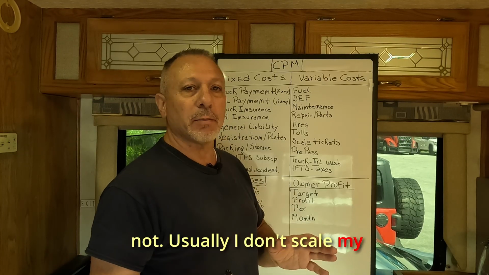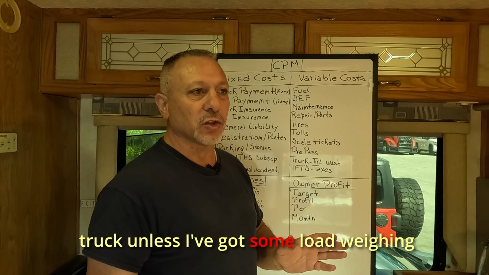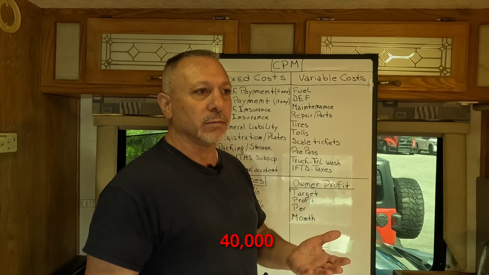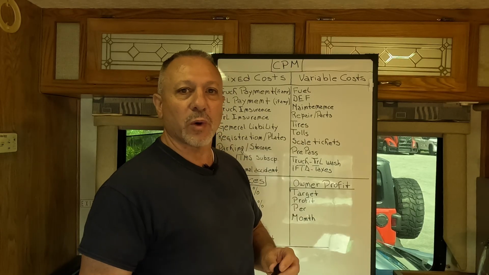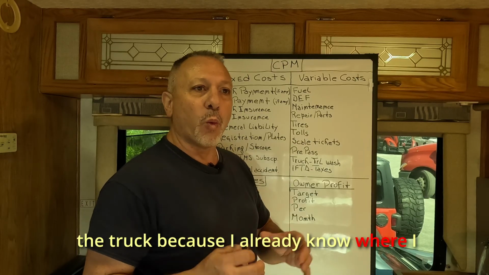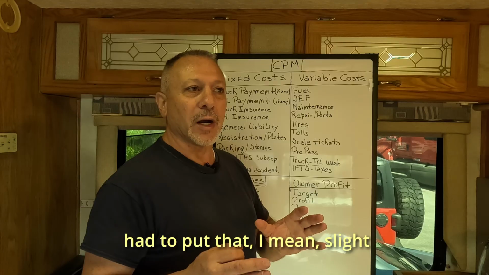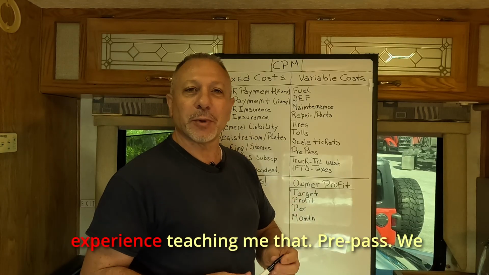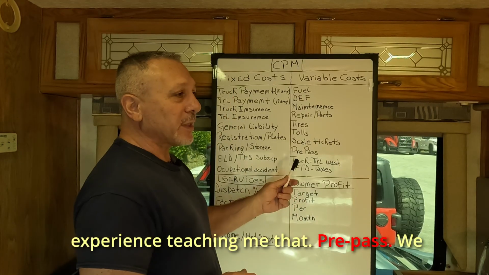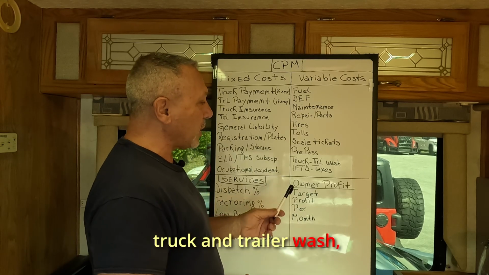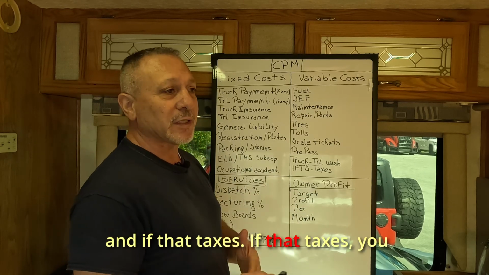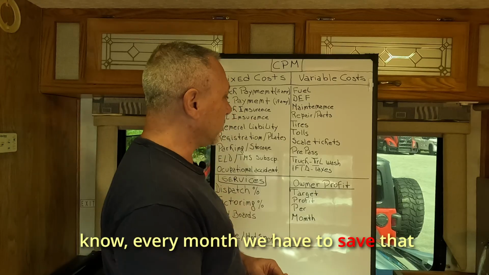Usually I don't scale my truck unless I've got a load weighing 38,000 or 40,000 pounds. Otherwise, I don't weigh the truck because I already know where I have to put it, where to slide the tandems. My experience taught me that. Pre-pass, we need a pre-pass for weigh stations, truck and trailer wash, and IFTA taxes. IFTA taxes, you know, every month we have to save that money.